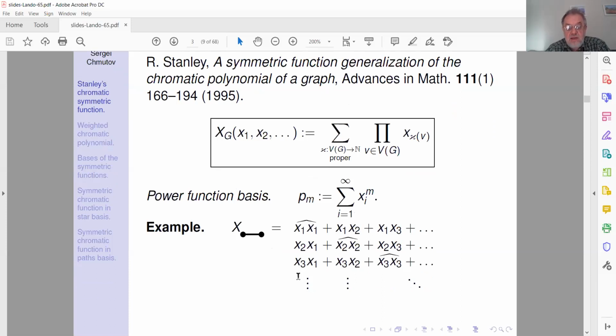I will sum up all these terms, including those which I was supposed to drop, and I will subtract them afterwards. When I sum up, I can factor out x1 from the first row, x2 from the second row, and so on. What is inside the parentheses is the sum of all x's in each row. So I have p sub 1, the sum of all x's, and it will be squared if I sum up all of them.